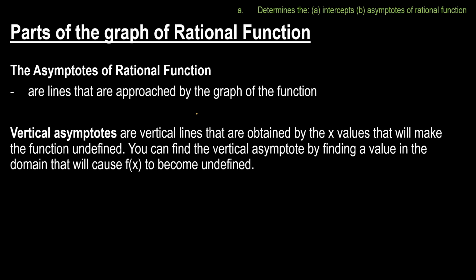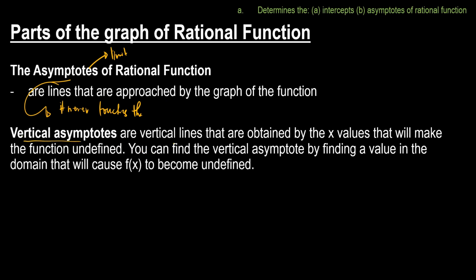Take note, the graph never touches the asymptote. When we draw or graph a function, the function never touches the asymptotes, because they are the limit. They are in the limit concept. For example, the vertical asymptote.